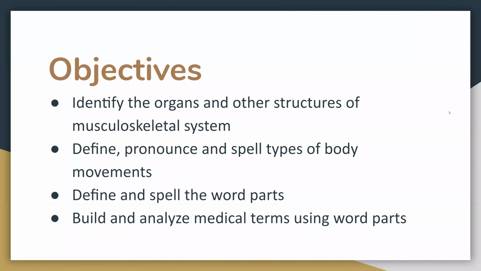The objective of this presentation is to identify the organs and other structures of the musculoskeletal system. We will define, pronounce, and spell types of body movements, define and spell the word parts, and build and analyze medical terms using word parts.